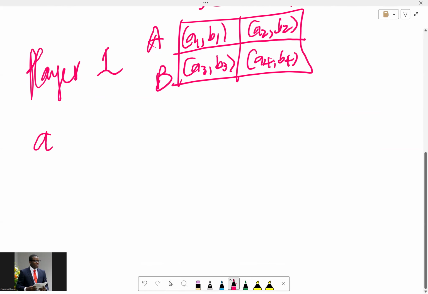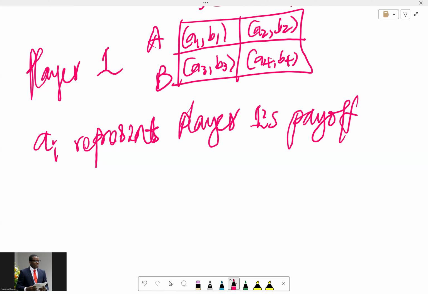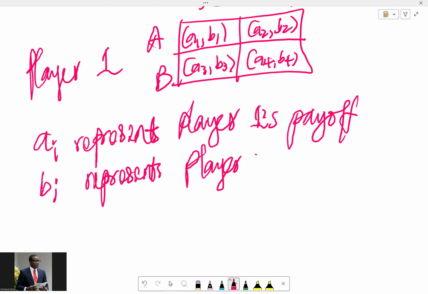So you see that the Ai represents player one's payoff, and Bi represents player two's payoff, like that.